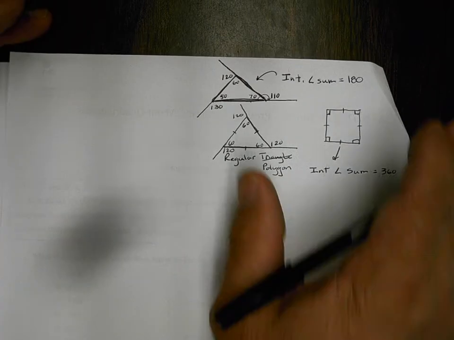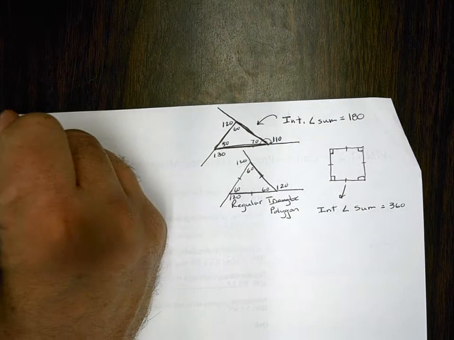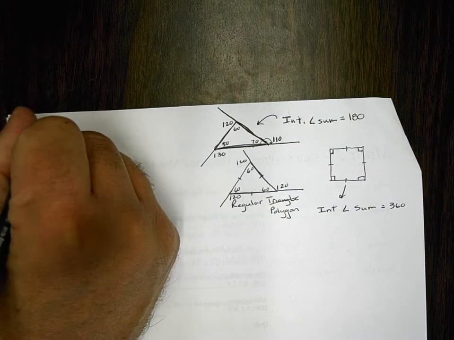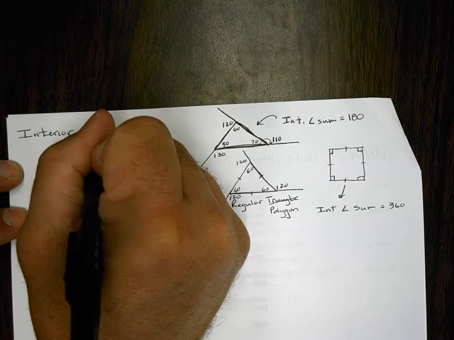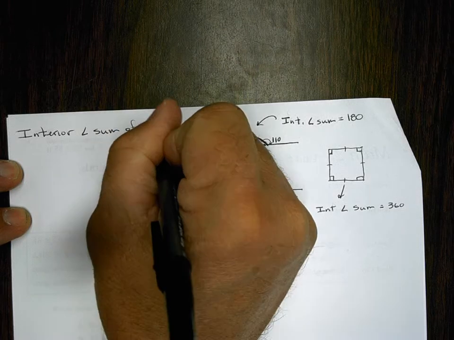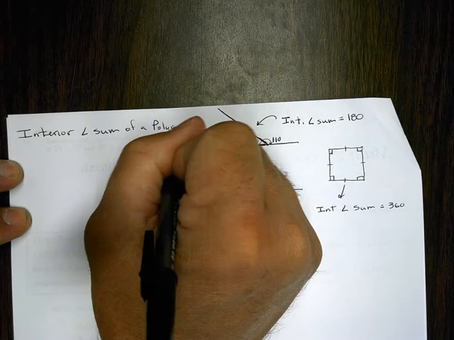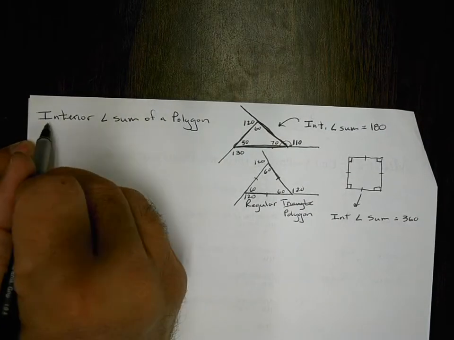So right over here, let's write the interior angle sum. Okay, so we have the interior angle sum of a polygon.